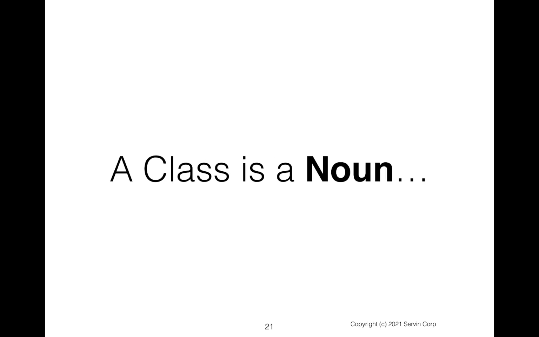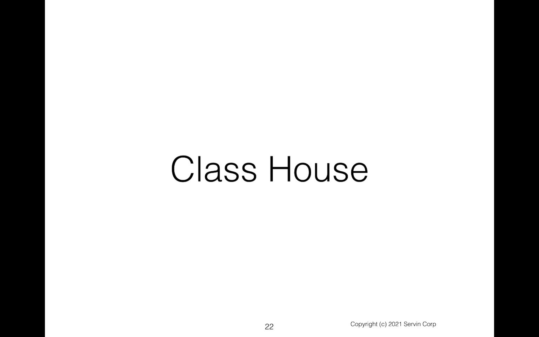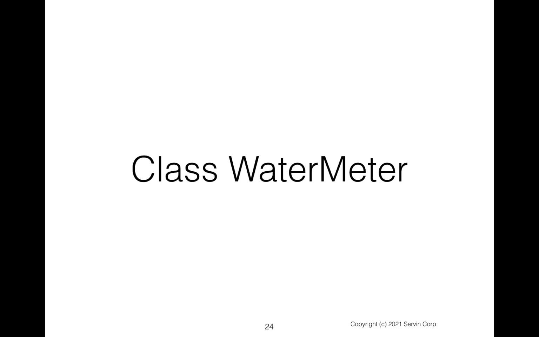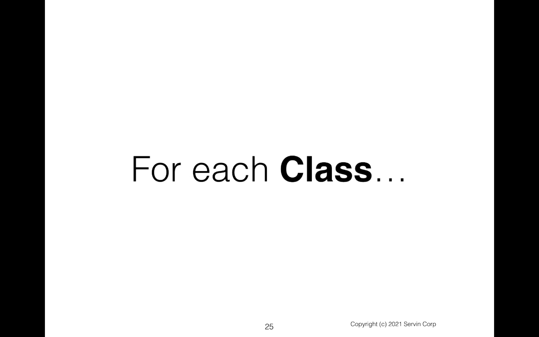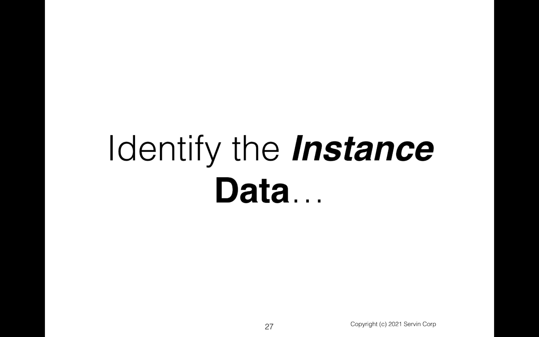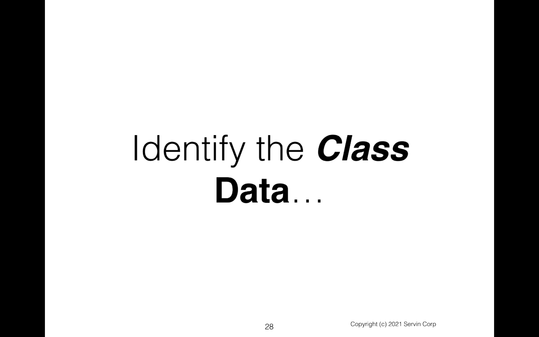Another answer, a class is a noun. Class house, for example. Class car, for example. Class WaterMeter, for example. For each class, identify the data, identify instance data, and identify class data.